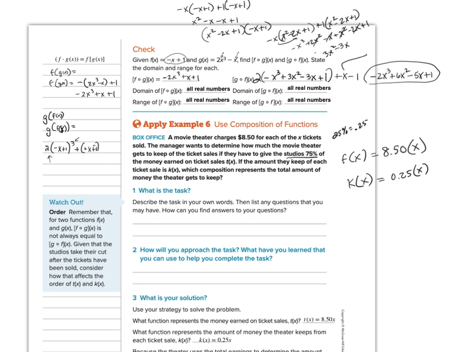Now, which composition represents the total amount of money the theater gets? The theater gets to keep some portion of the movie tickets.